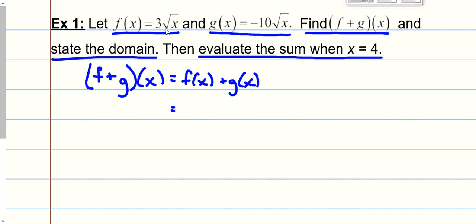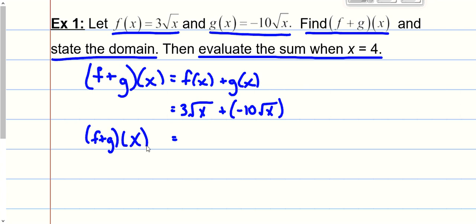Well, it's right here, 3 square root of x plus my g of x function is negative 10 square root of x. So now, whenever I add those together, I get f plus g of x is equal to, well, 3 plus negative 10 is negative 7 times the square root of x.